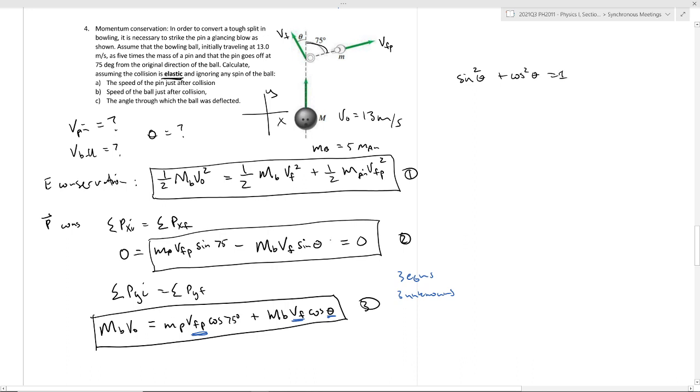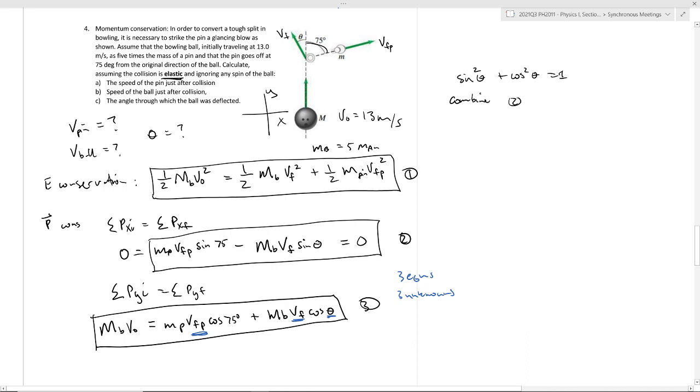Our game plan for the algebra is to combine equations 2 and 3 and square the sine theta and cosine theta pieces so that when we add them together, the theta cancels. Then we can substitute that into equation 1.